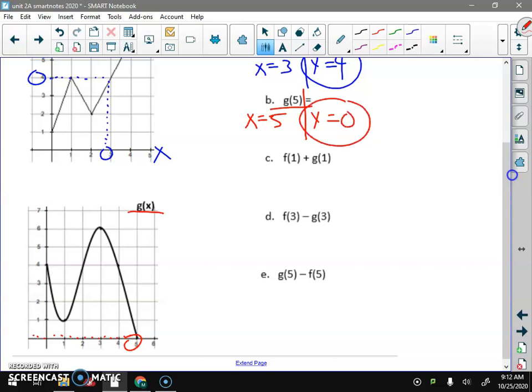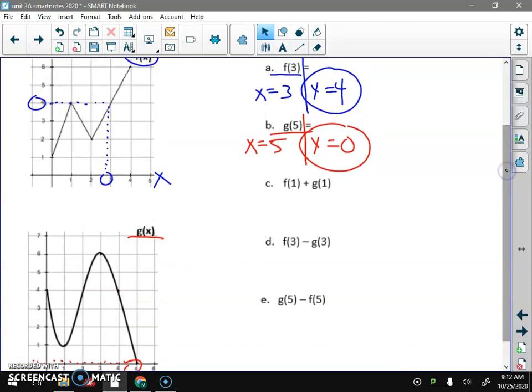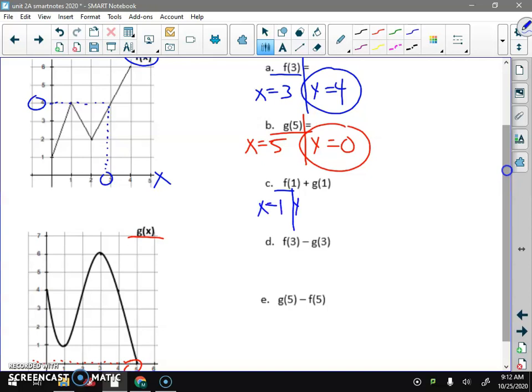Okay, now we get a little bit more complicated, but we can do this. We're going to do our F in blue and our G in red. So we're going to draw our great wall here: x equals, y equals. 1 is on the x side. Up and over, equals 4.